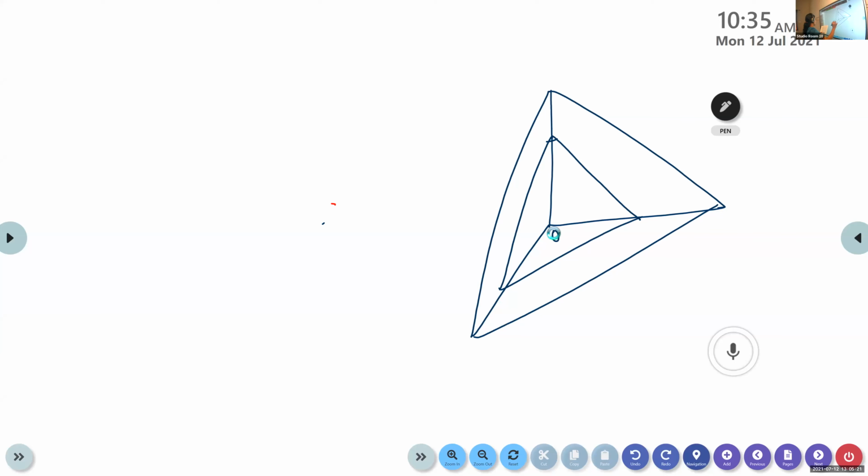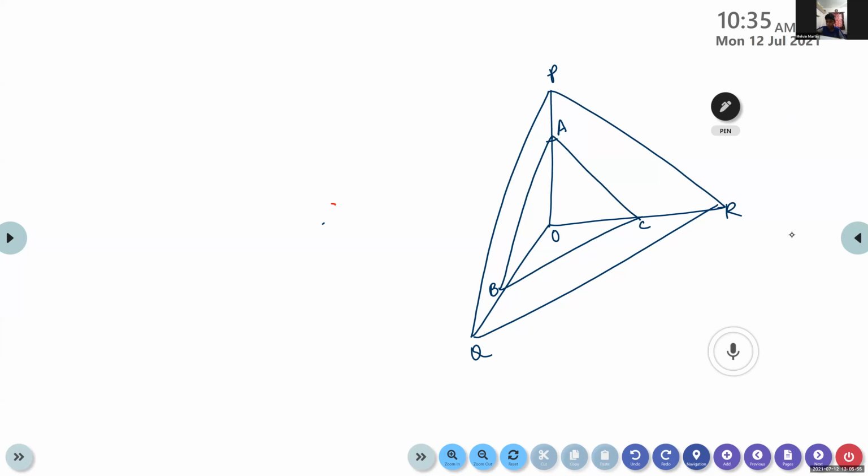This is O, A, B, C, P, Q, R. Okay, you have drawn the figure.